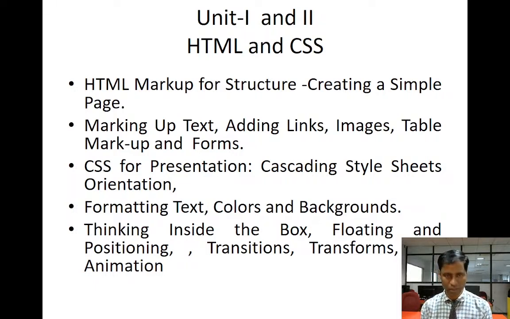It also has the terminologies for working with the box concept, creating floating or positioning effects for the components of the web page, including transitions, transforms, animations. All these are the features provided by cascading style sheets.